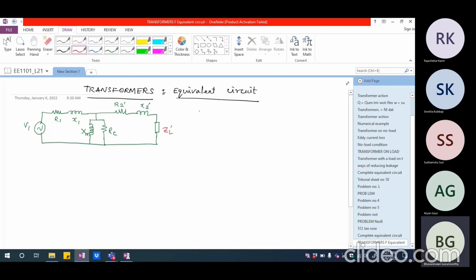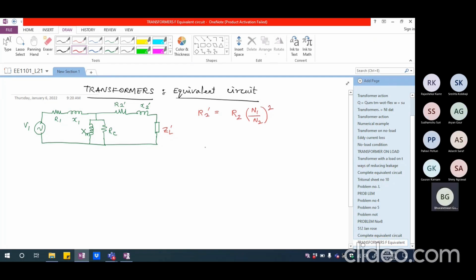So we are going to say that R2 dash will be equal to the actual winding resistance on the secondary side multiplied by (N1 divided by N2) the whole square. So this R2 is the winding resistance of the secondary side, and (N1 by N2) whole square is the turns ratio.